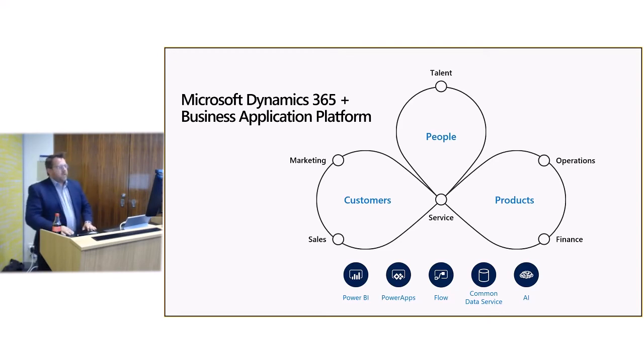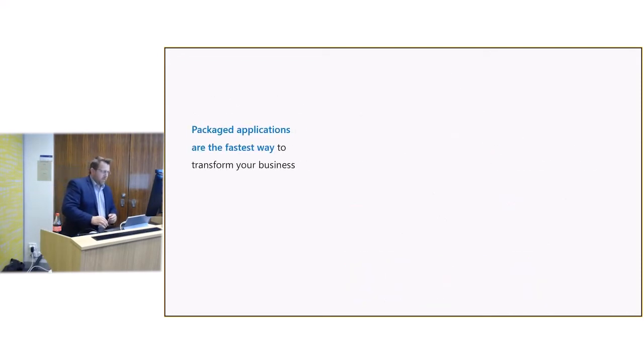Now with the business application platform, there's a whole lot of other features you've got available to do that extension, and it can take it beyond just Dynamics. Indeed, you can now start to incorporate a whole lot of different data sources and trigger points for your logic across the enterprise. So let's get into talking about some of what that means.